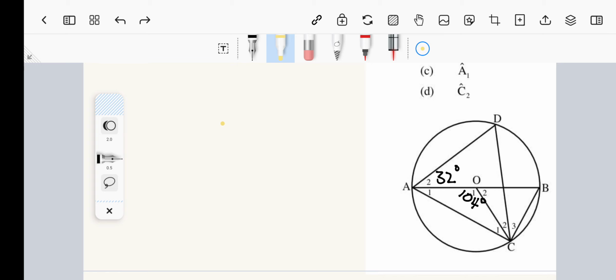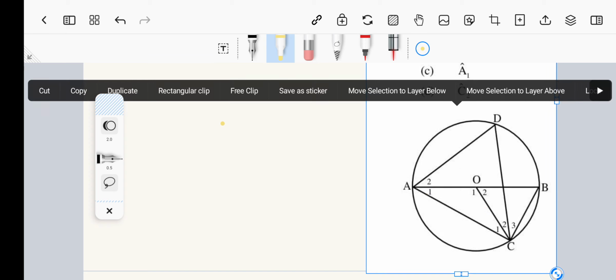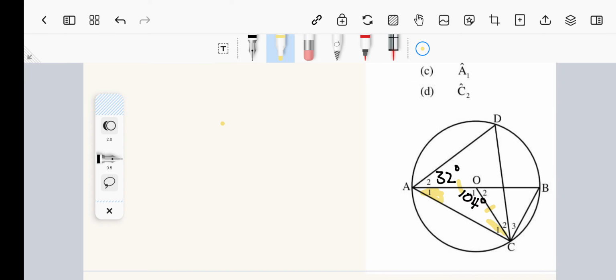Let's see, is there anything else that I see? I see some radii. So I know this line and this line are equal. Because of that, there's an isosceles triangle. So this angle over here and this angle over here will be equal to each other. Are there any other radii?